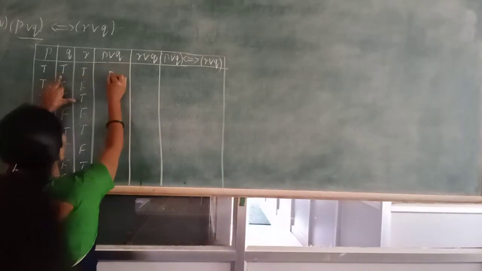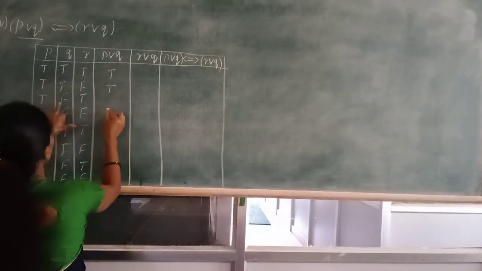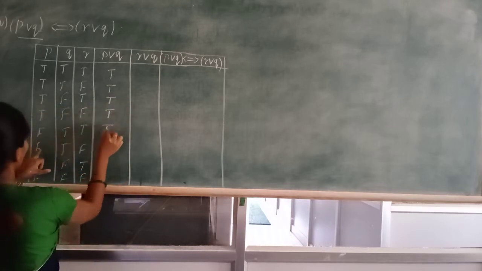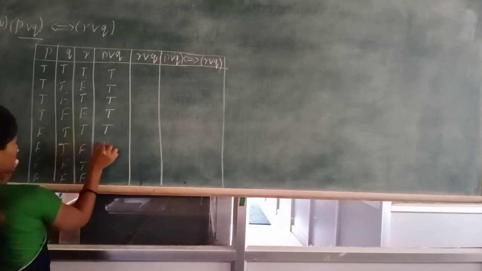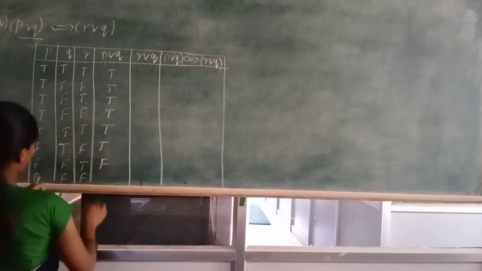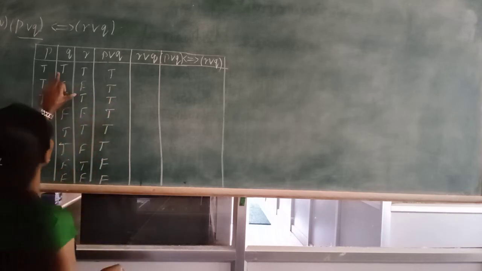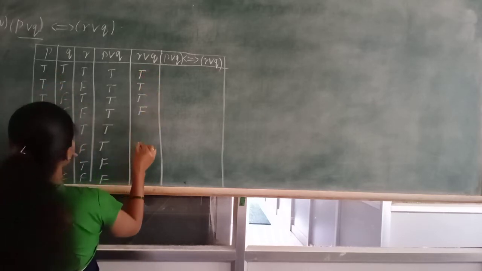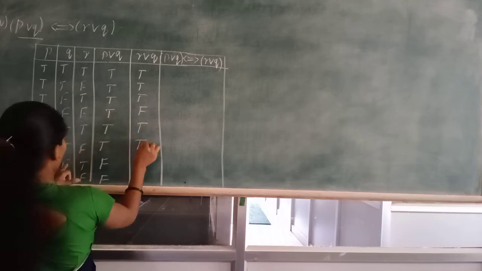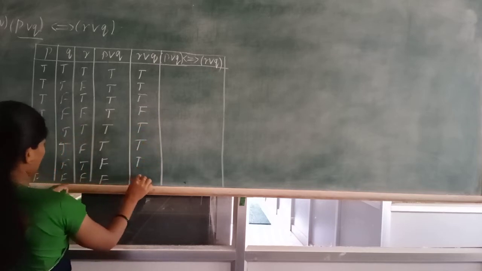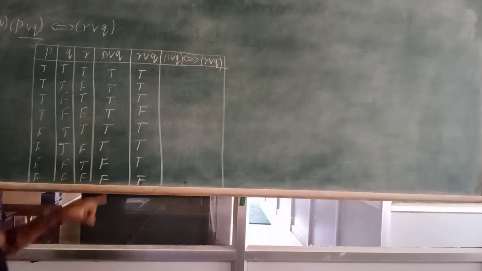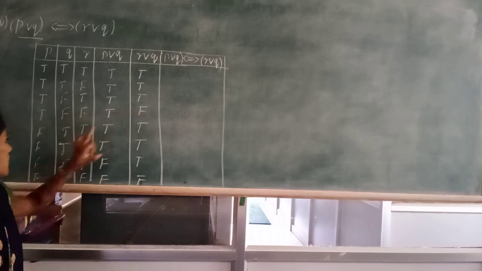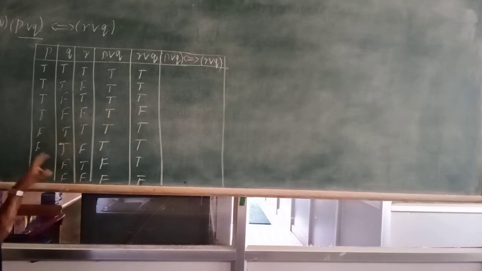So for P ∨ Q: true, true, true, true, true, true, false, false. Next R ∨ Q: true, true, true, false, true, true, true, false, and so on.